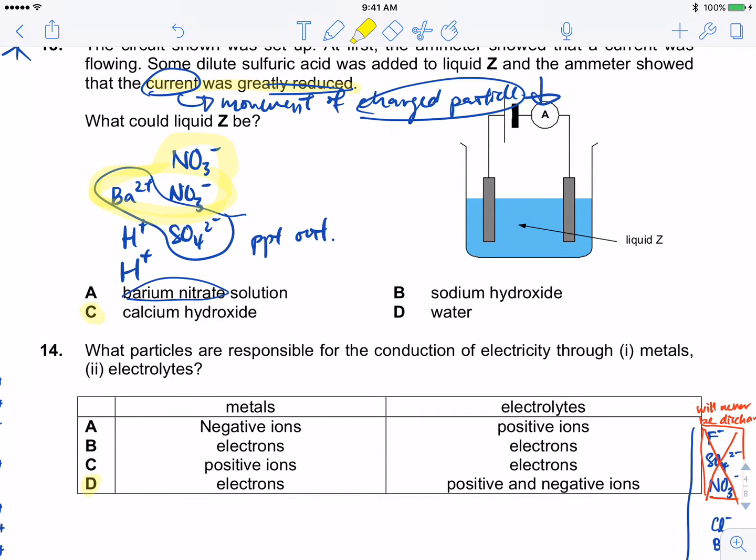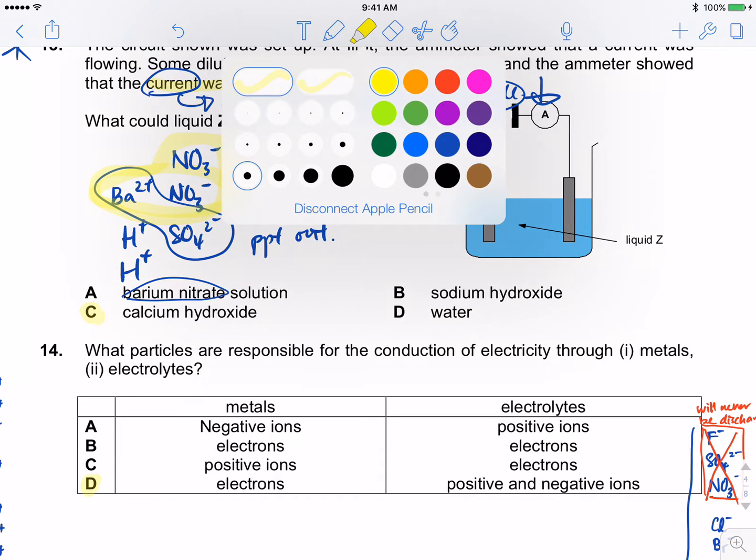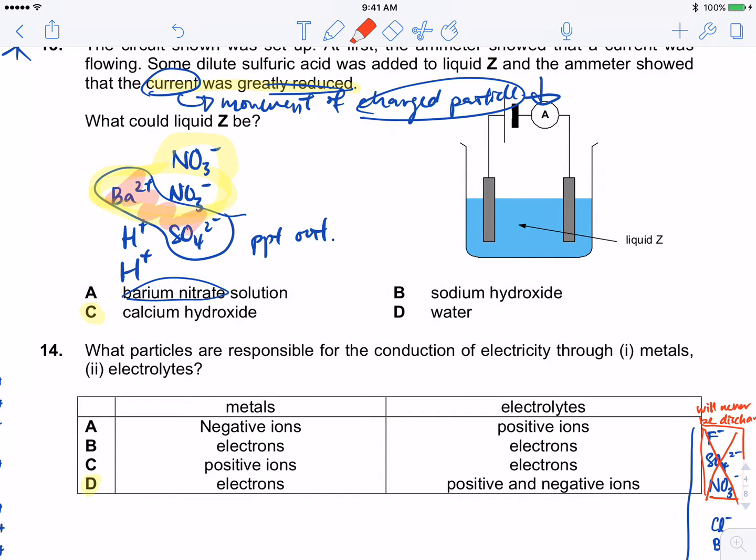After precipitating out, I ignore these two, I have 4 moles of ions. So actually, overall, your conductivity should increase. Right? The current should increase.